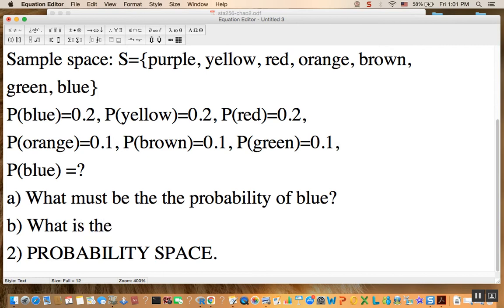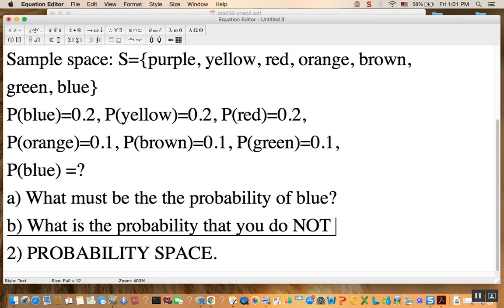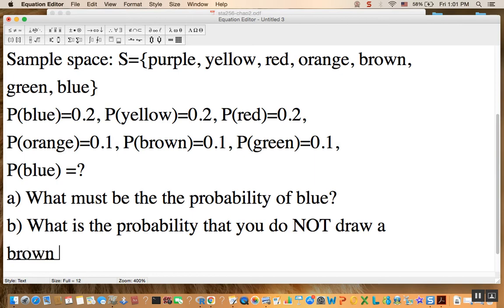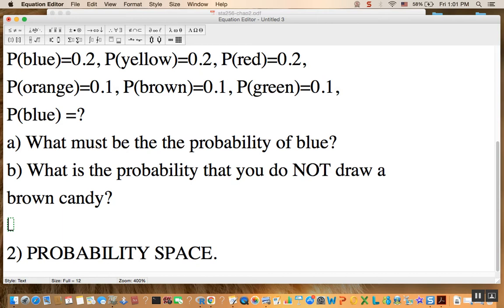What is the probability that you do not draw a brown candy? Last question.